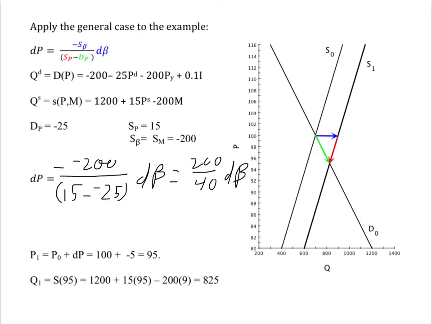Our equation reflects the three consequences of a change in supply. The blue segment reflects the shift out in supply, the S beta term.